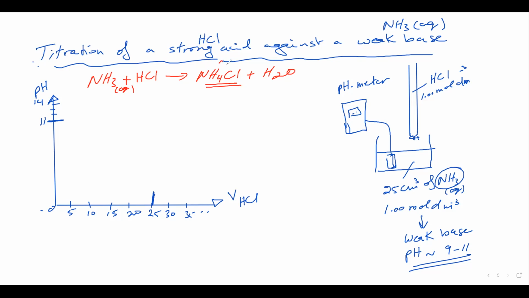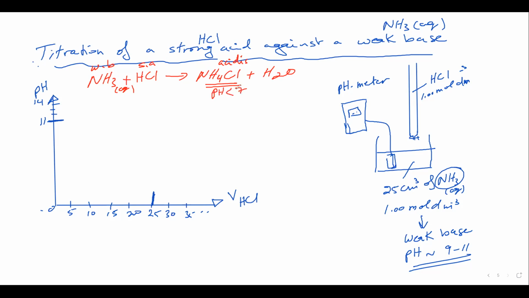It is an acidic salt because it comes from a weak base and a strong acid. We said that if we have something strong, it is the one that is going to win. So a weak base reacting with a strong acid forms an acidic salt. So we are expecting the salt formed at the equivalence point to be acidic, meaning its pH should be less than 7.